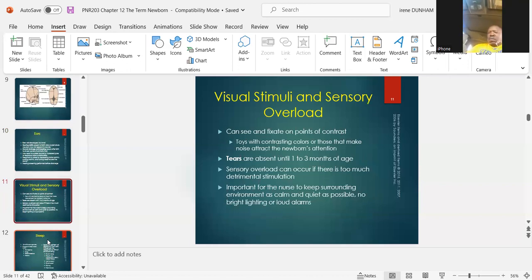Okay, and then their eyes. What they see is abstract things. They have to really fixate on points of contrast. One thing I thought was so interesting: tears are absent until maybe 3 months of age. Some babies may have them at one month, but most are three.